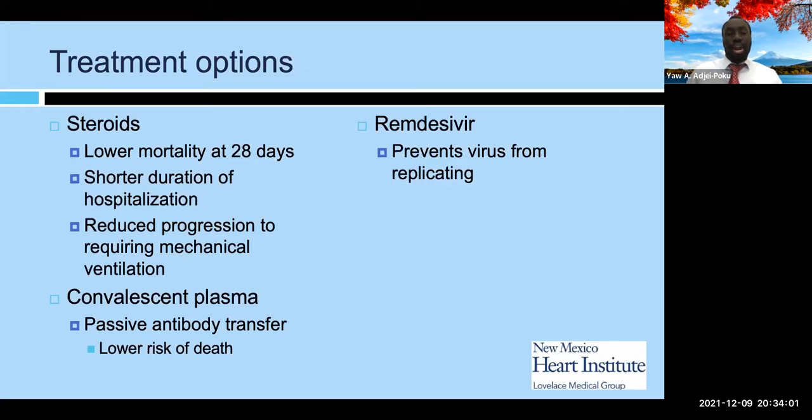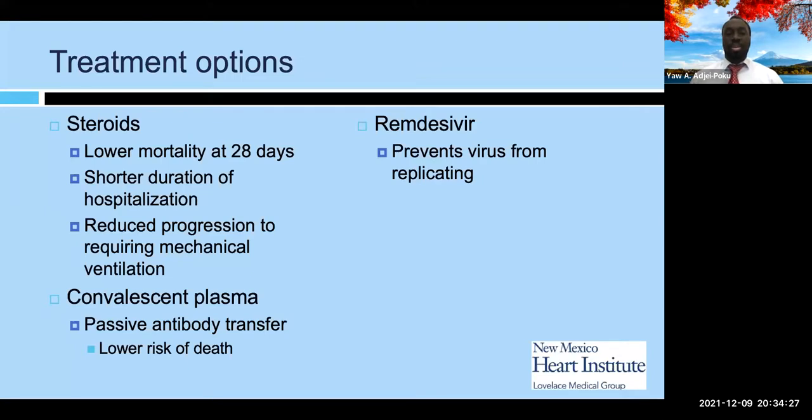Convalescent plasma is also another treatment option. That's from patients who have had COVID and have recovered. Typically what happens is your body forms antibodies against it to fight off the virus the next time that you're infected with coronavirus.